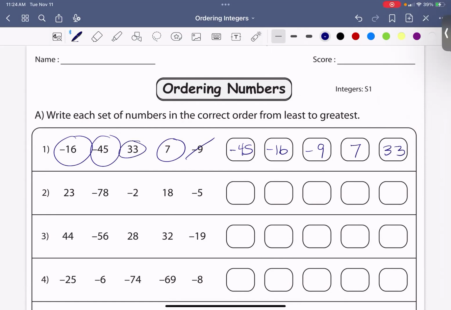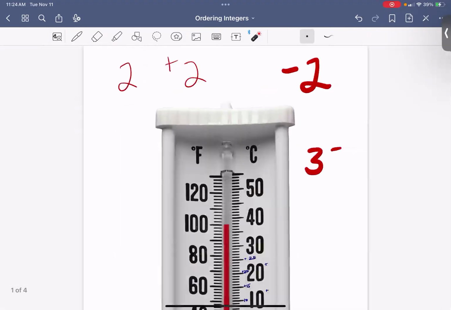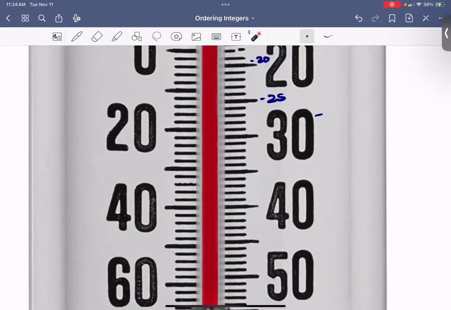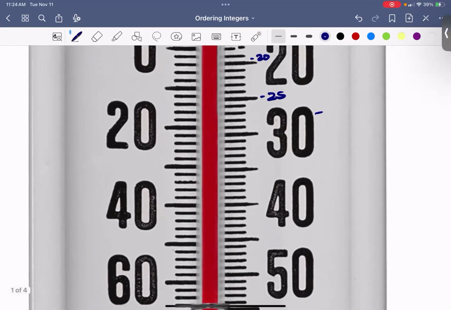So now I'm going to put this on the thermometer. I'm going to start with -45, then -16. So -45, let's see. So this is -30. This is -35. This is -40. This is -45.